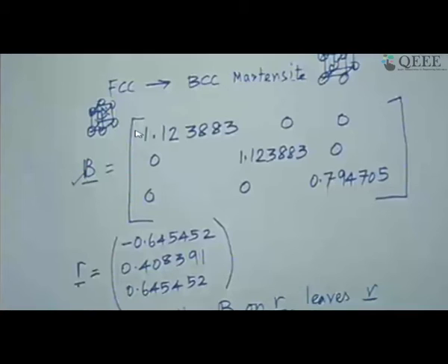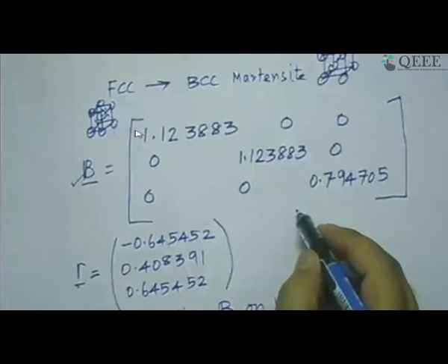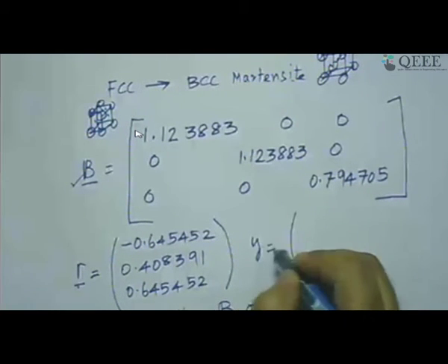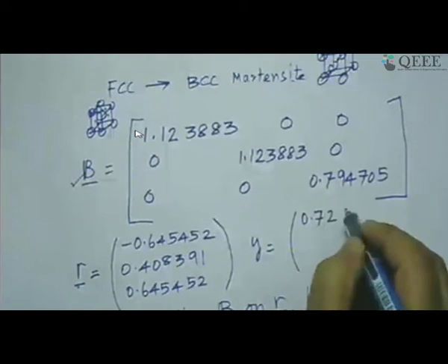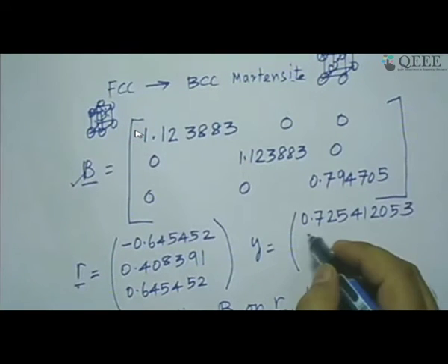So the numbers that somebody is reporting is a column vector. Let us call this y. That is 0.725412053. Okay.